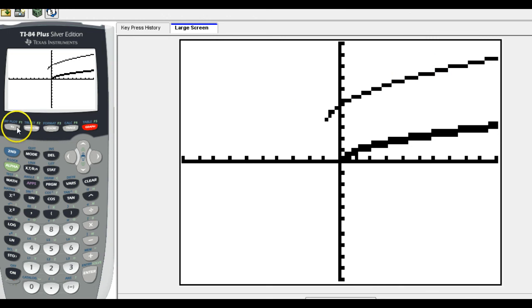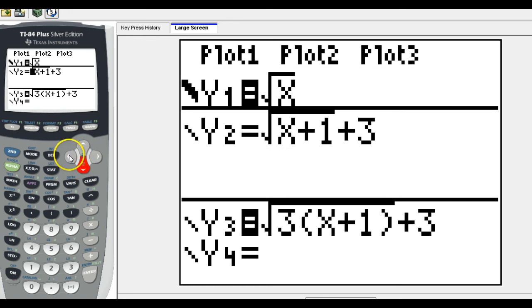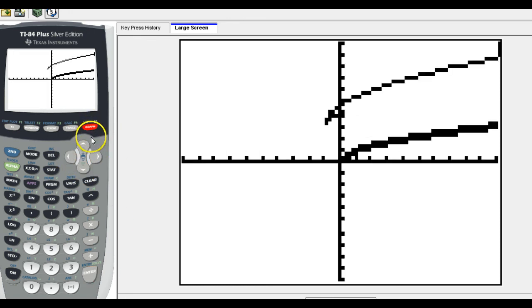Let's go ahead and graph them both at once and see what difference we can see. You can see they both start from -1 comma 3 right here. It's just that the one with the 3 on it goes up faster, but that doesn't change the domain or the range because it's infinite.